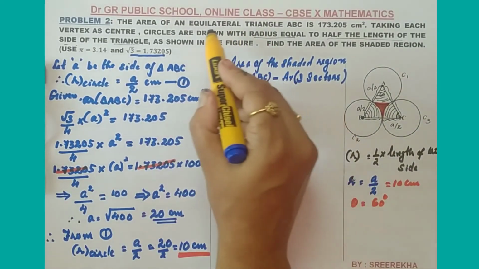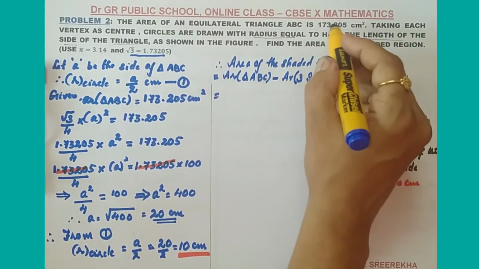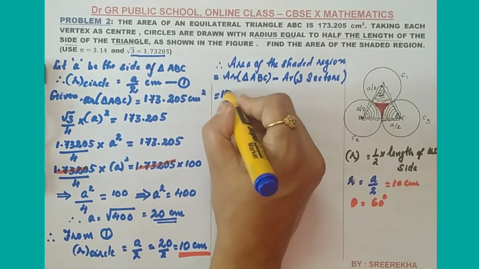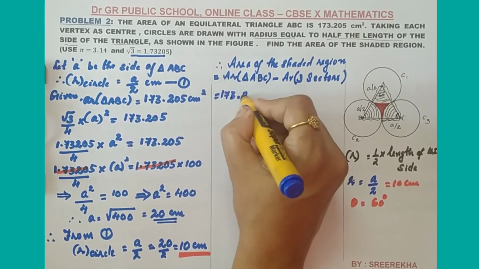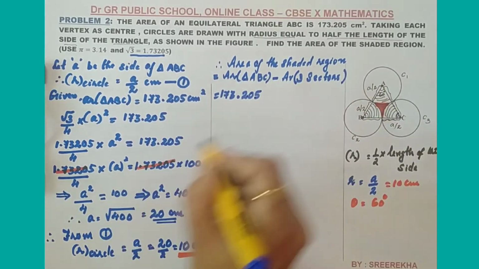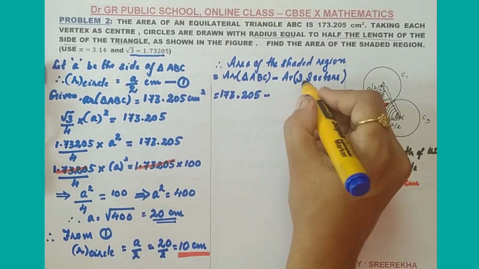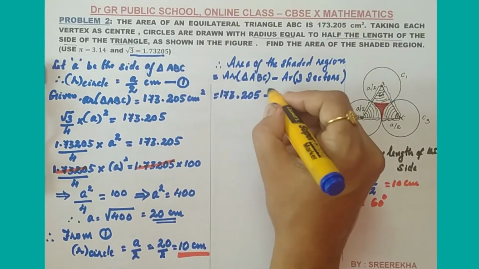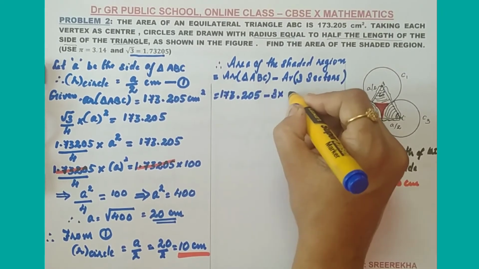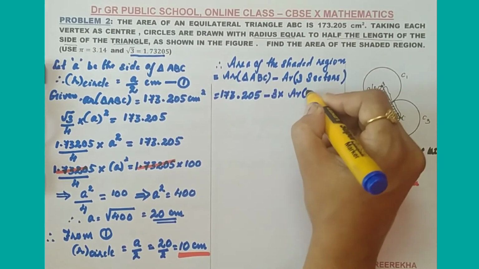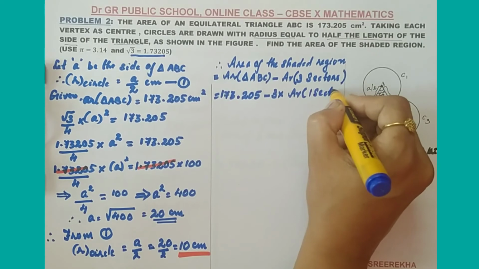What is the area of triangle ABC? The area of the equilateral triangle ABC is given in the question as 173.205. Minus the area of three sectors. Three sectors are similar, so we can write it as 3 into the area of one sector.